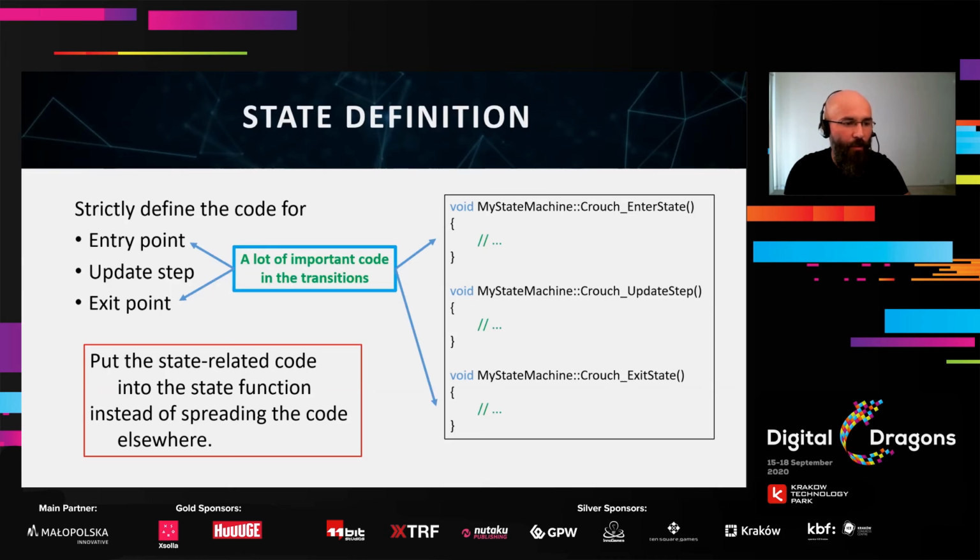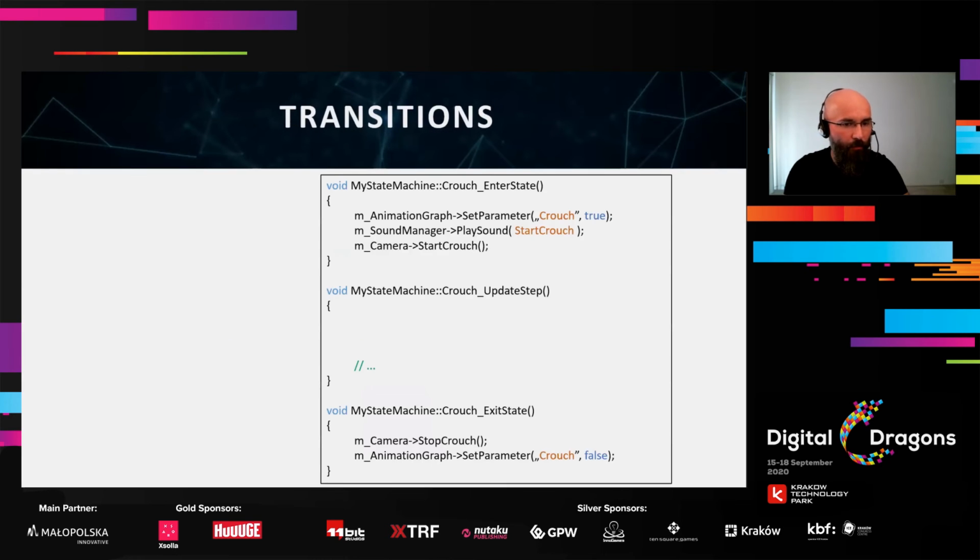And also a lot of important code will end up in your transition methods, the entry point and exit point methods. For example, here in my crouch enter state, I want to inform the animation graph that yes, I'm starting my crouch state.